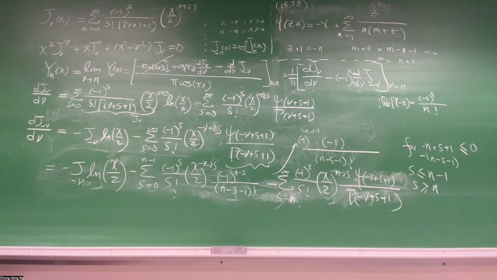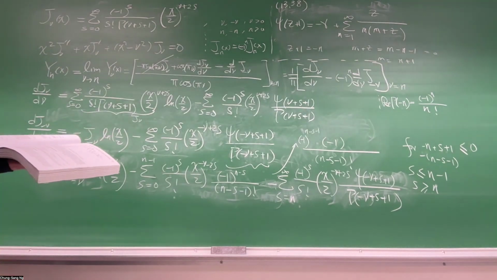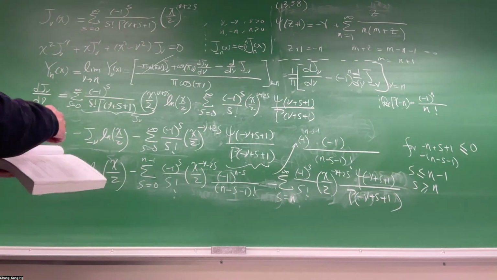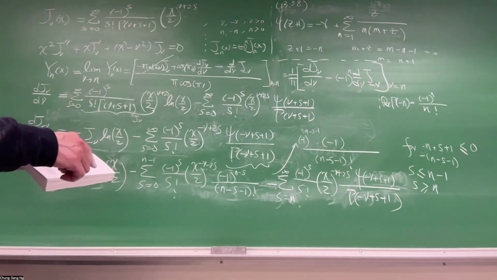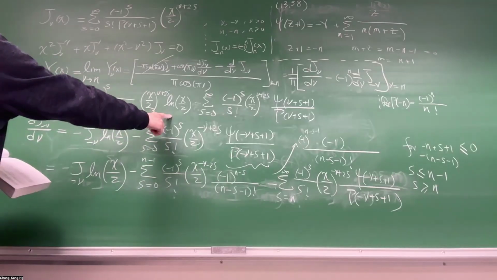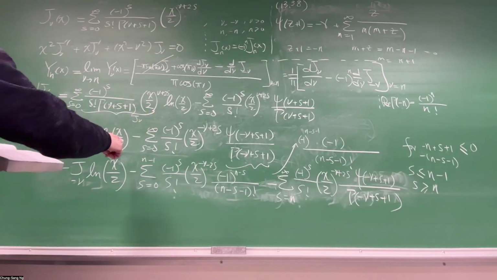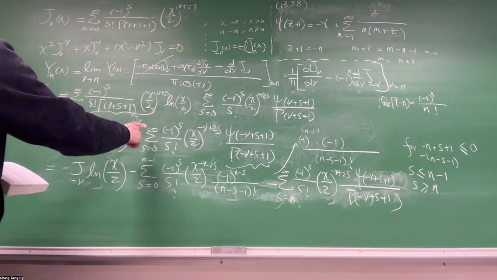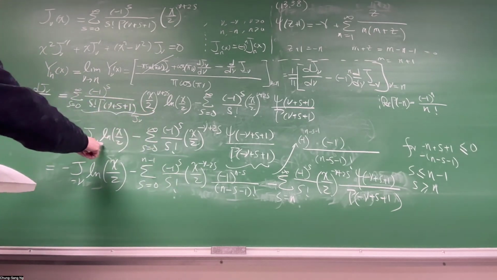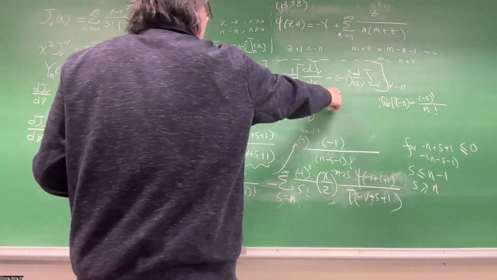The final result is in 14.61. If you look at 14.61, the first term is the regular j sub n times the log of x over 2. The reason that these two combine is because you have a negative sign and you have negative 1 to the n power.